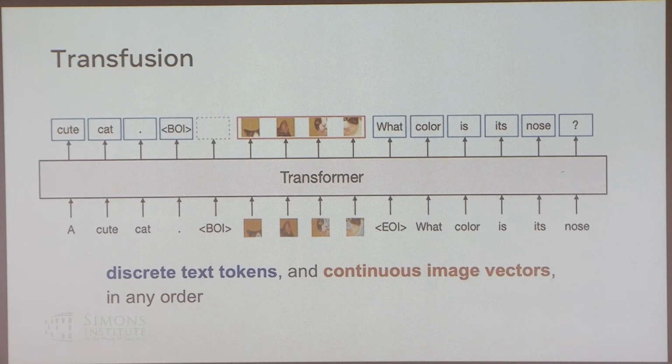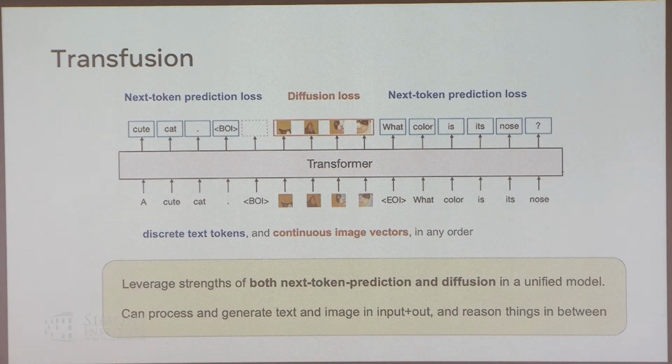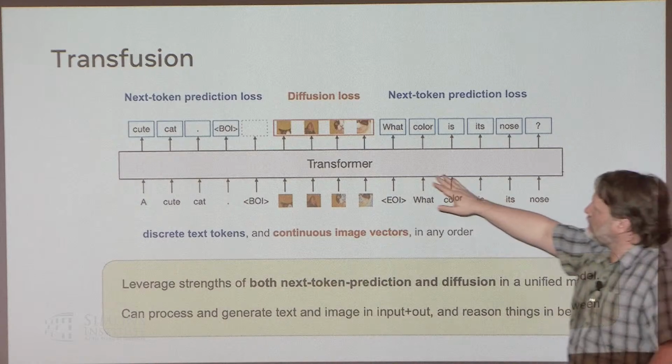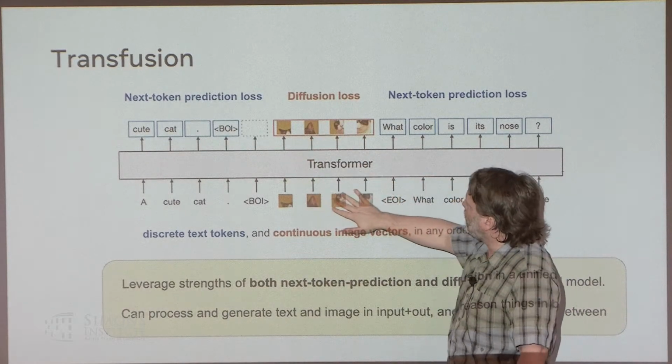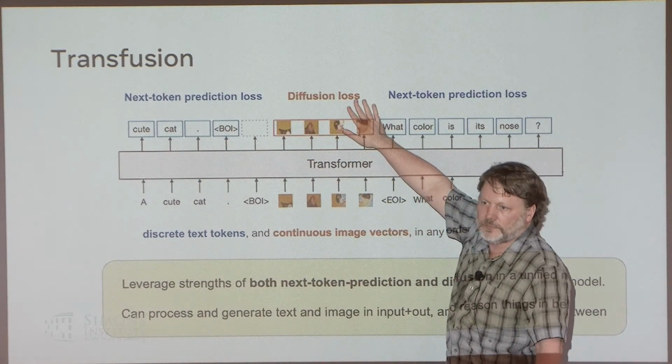What we did is, you take your image patches, and these get fed into a continuous tokenizer this time instead of a discrete one. And we say, okay, this is still just a sequence of data, so we're still going to have one transformer, but we're going to multitask train it. The continuous tokens associated with the image will have a diffusion loss on them.